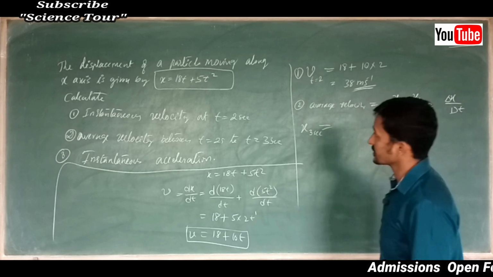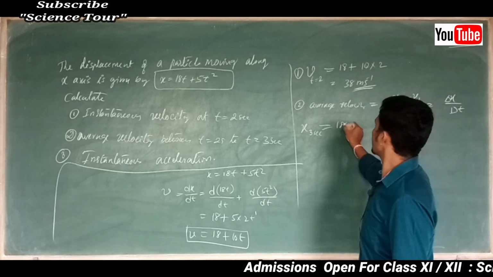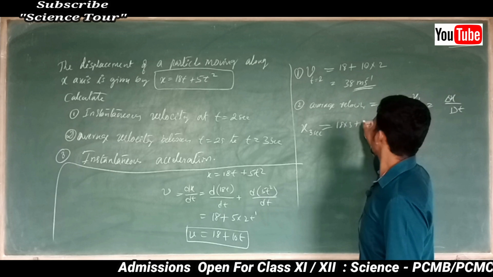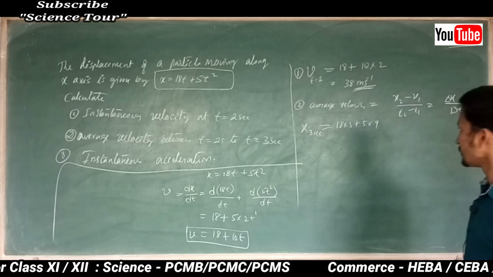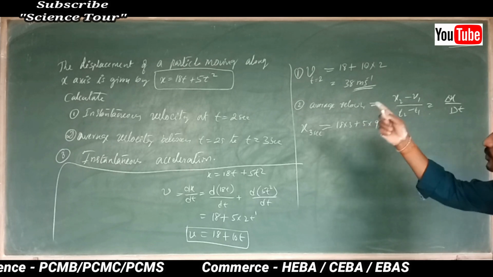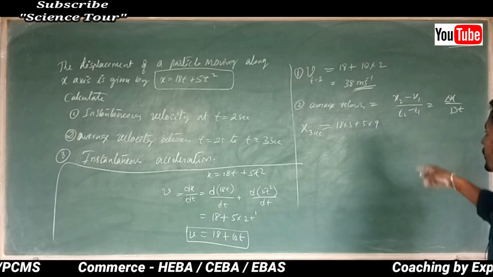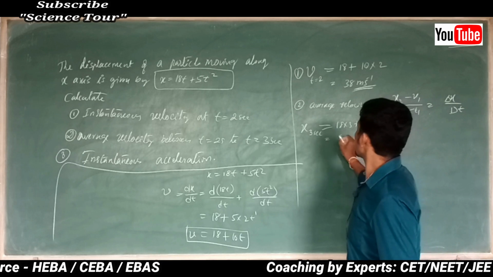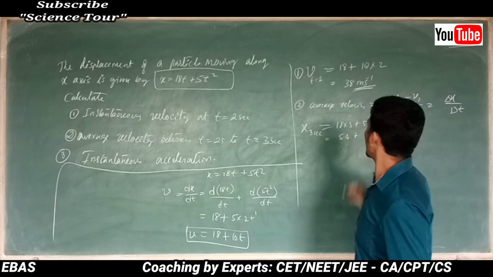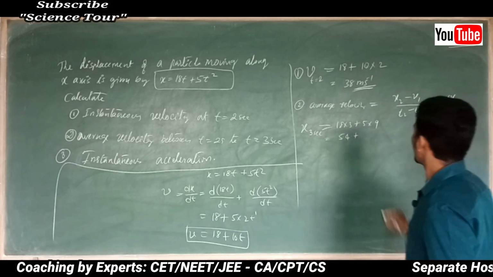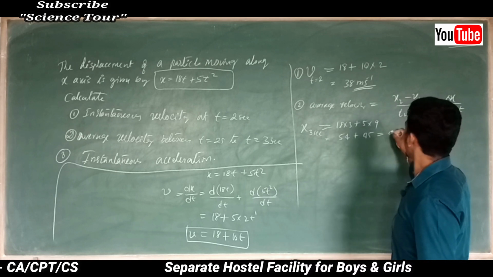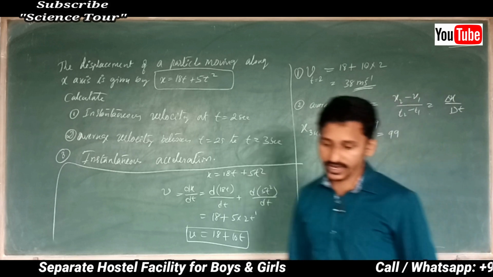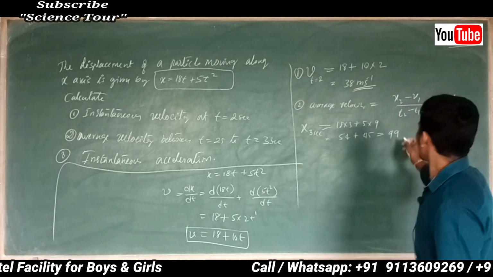What is that? 3 seconds means 18 into 3 plus 5 into 9, isn't it? Okay, 5 into 9 because 3 square it is. So it is 54 plus 45. How much you are going to get? 99 meters you are going to get.